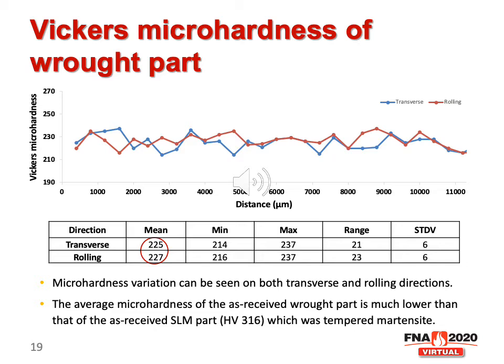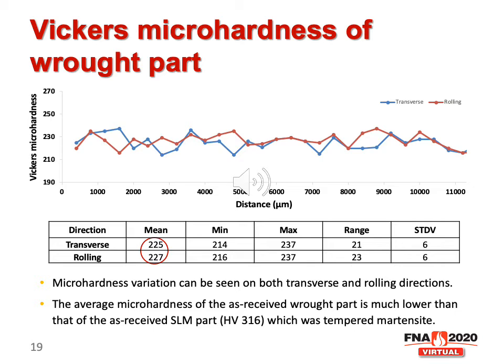But the microhardness on the transverse direction is very close to the rolling direction, so there is no big difference in the microhardness for both directions. However, the average microhardness of the as received wrought part is much lower than the as received selective laser melted part, because that one is the tempered martensite.